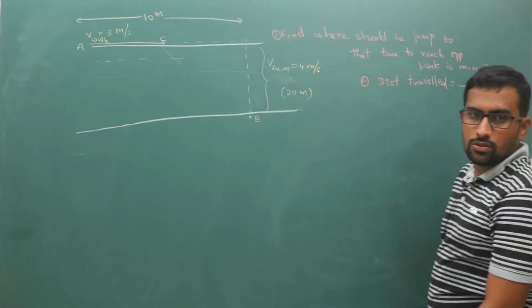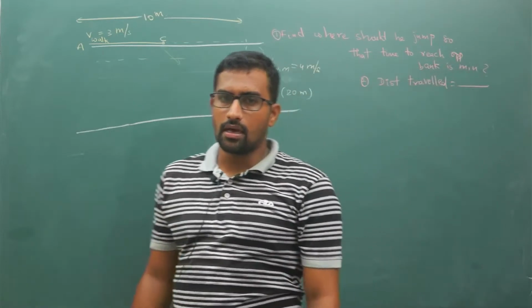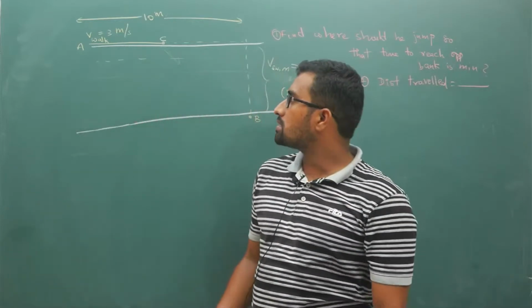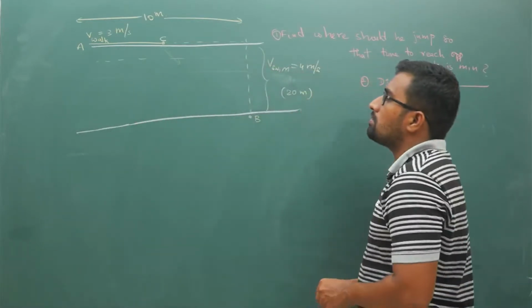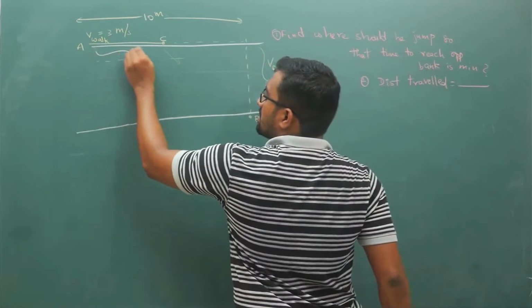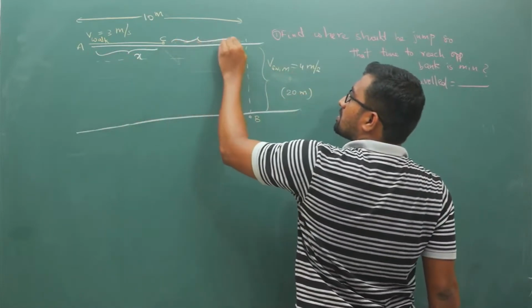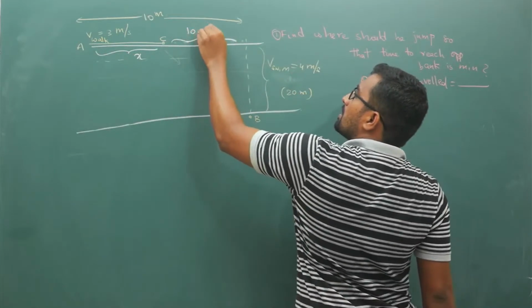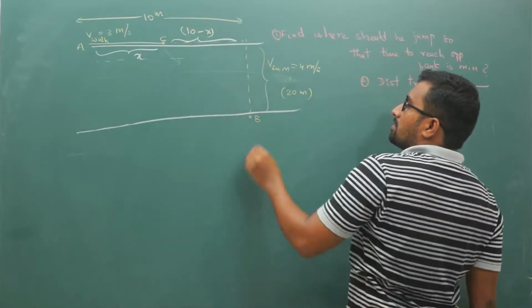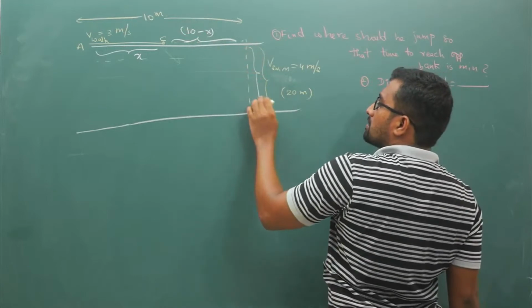So these two values you are supposed to calculate. Now how are you going to do this? Observe carefully. Let us say he has traveled a distance x. Now if he is traveling a distance of x, this distance will automatically become 10 minus x, and this width is given to you as 20 meters.